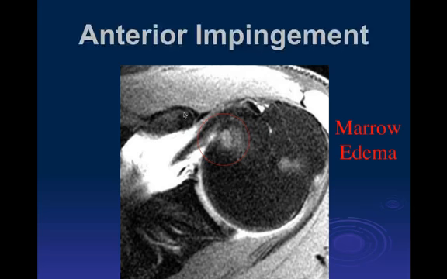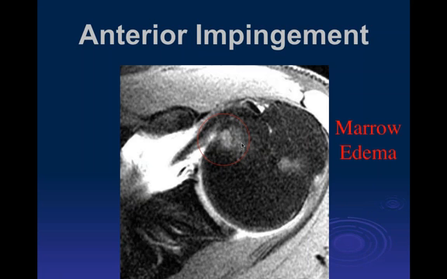Yeah. Okay. So here's the coracoid process here, and one thing that seems to be a pretty good correlate of symptomatic anterior impingement is if you have marrow edema in the lesser tuberosity. Presumably, this is due to impaction from the coracoid process here.